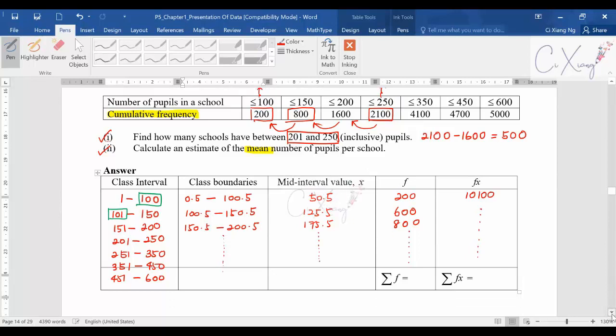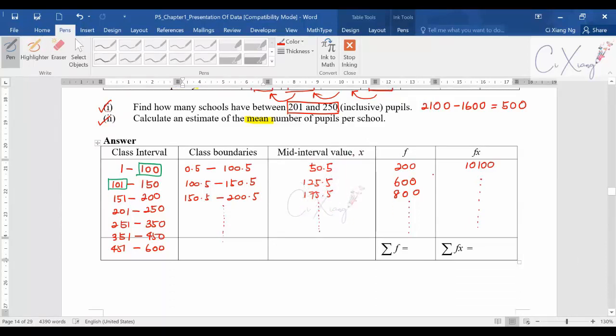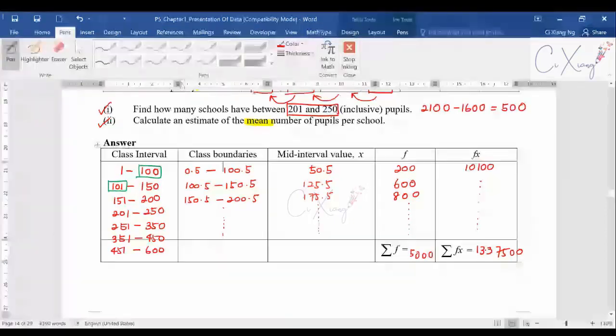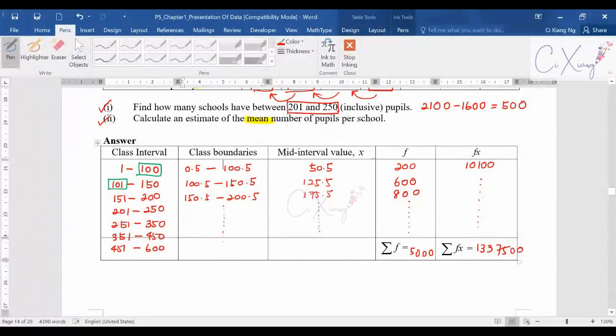Okay, so after you complete this table, if you didn't make any careless mistake, the summation of frequency should be 5,000. And the summation of fx should be 1,337,500. Okay, so this is the answer for summation of fx. Then after you get all the values completed in the table, you can use all the information to find the mean.